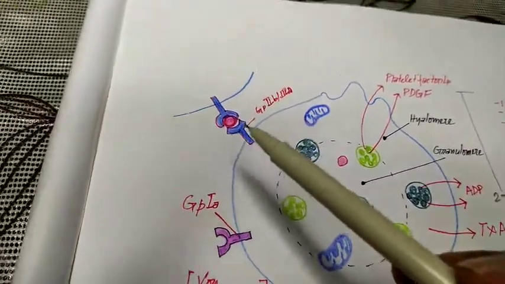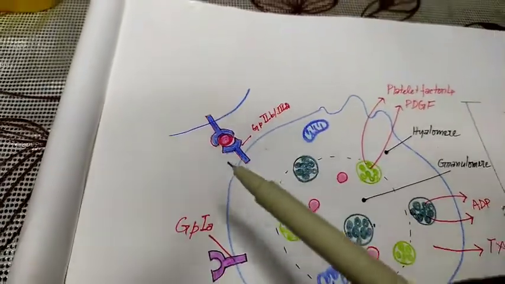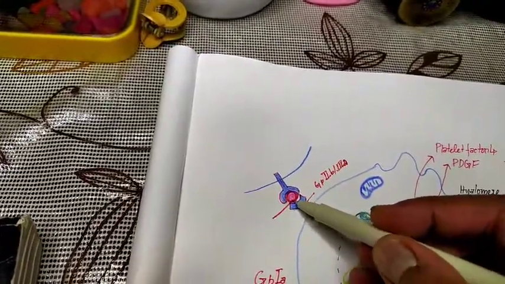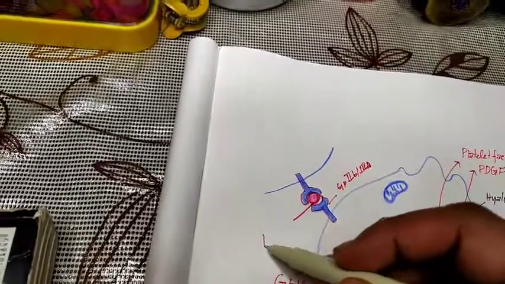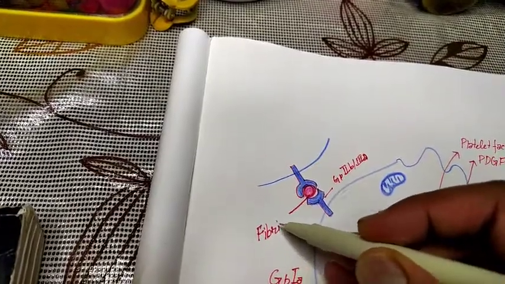Aggregation means there is attachment of one platelet with another with the help of this Gp2b3a receptor, and for this process of aggregation there is requirement of one molecule, that is fibrinogen.